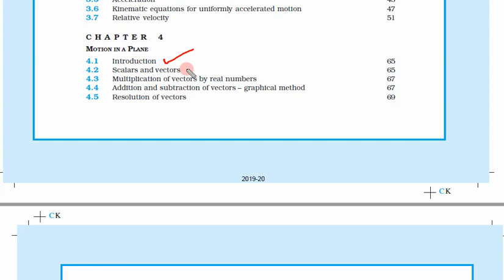Introduction to that. Scalar and vector quantities. You have learned something about them, but now in more detail. Multiplication of vectors by real numbers, addition and subtraction of vectors, graphical method, how do we add or subtract vectors, resolution of vectors. These are some of the new concepts.